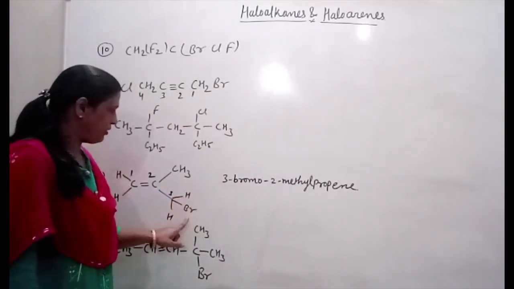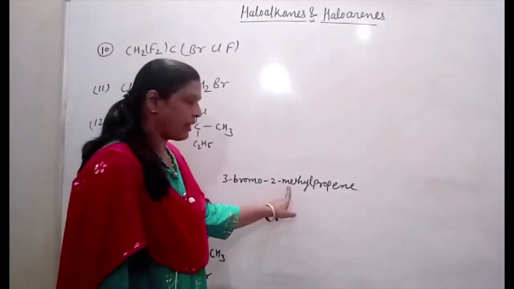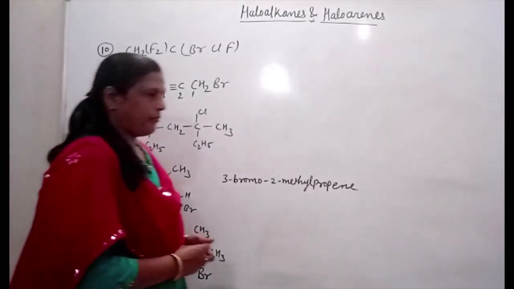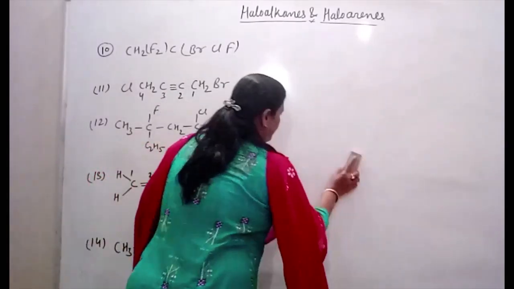Bromo comes first because it comes first alphabetically, and methyl alphabetically comes afterward. Move on to the next question.